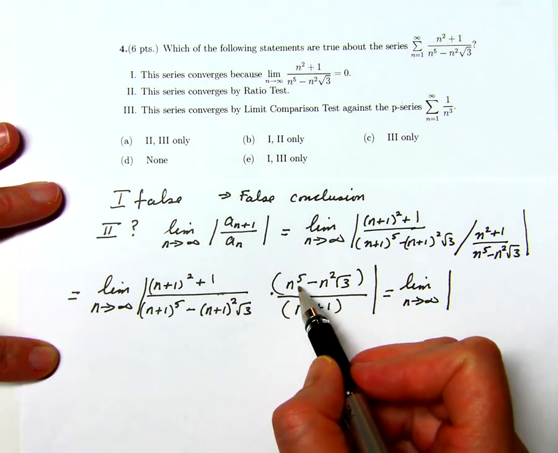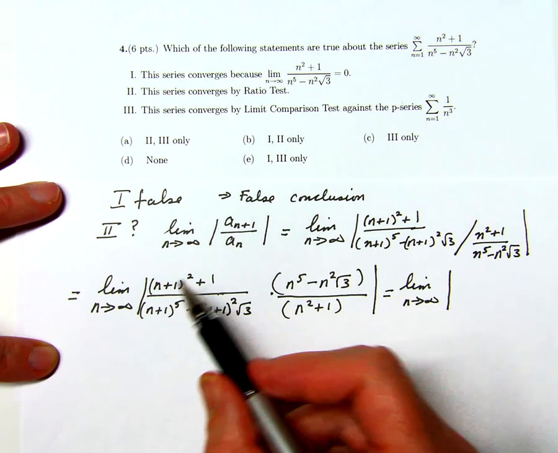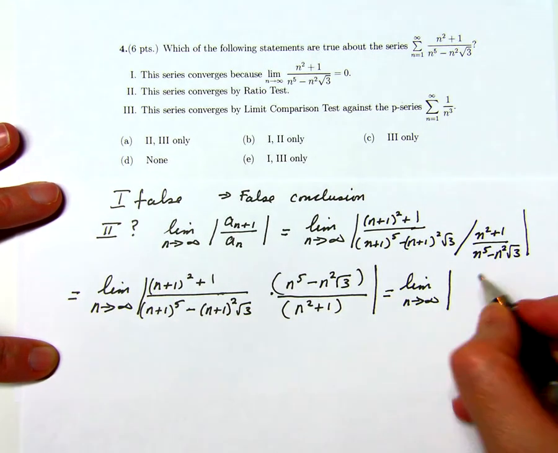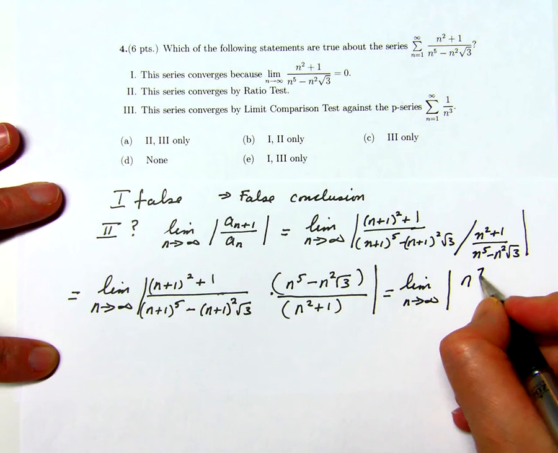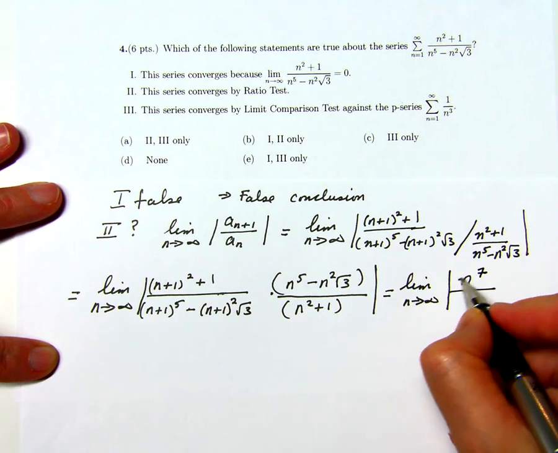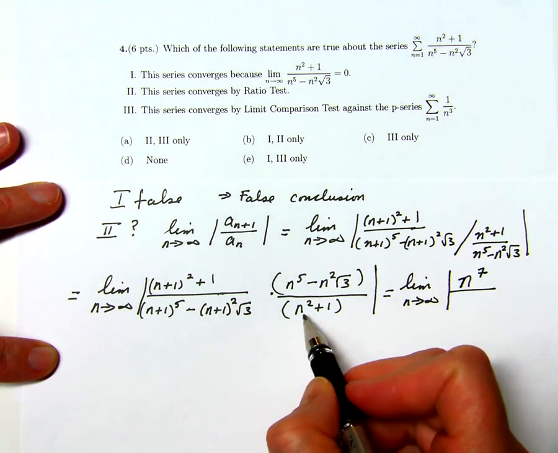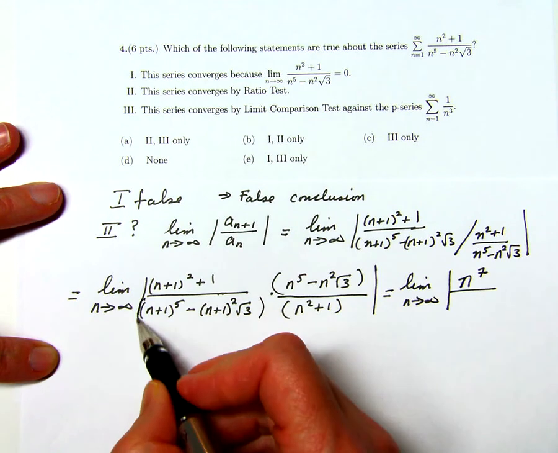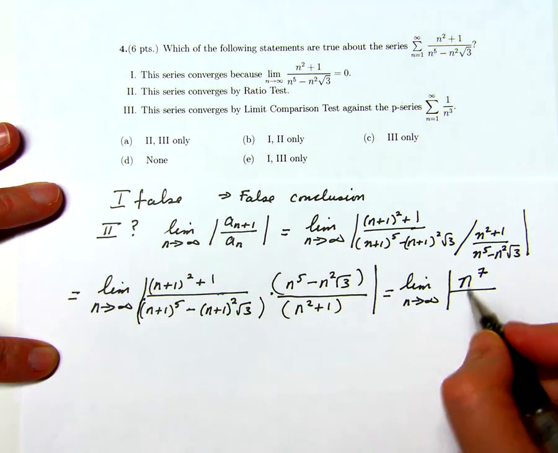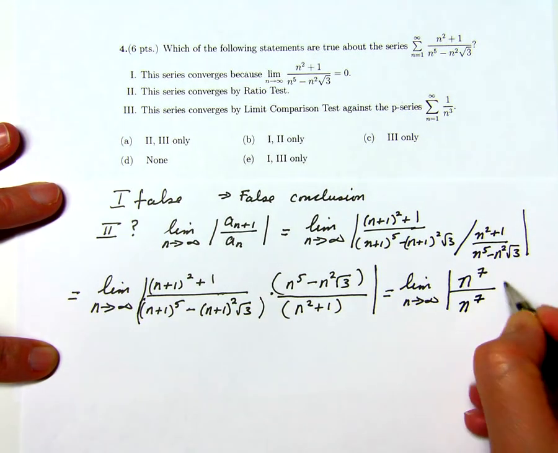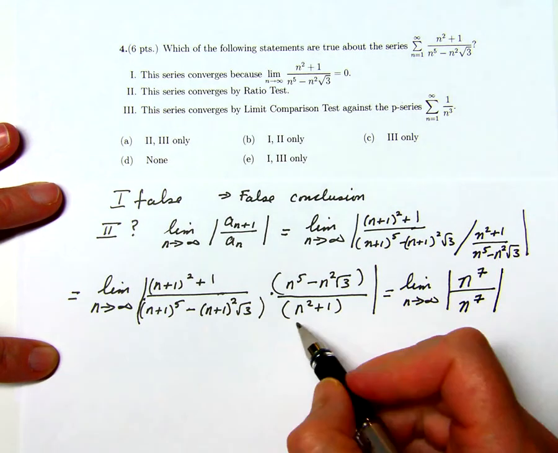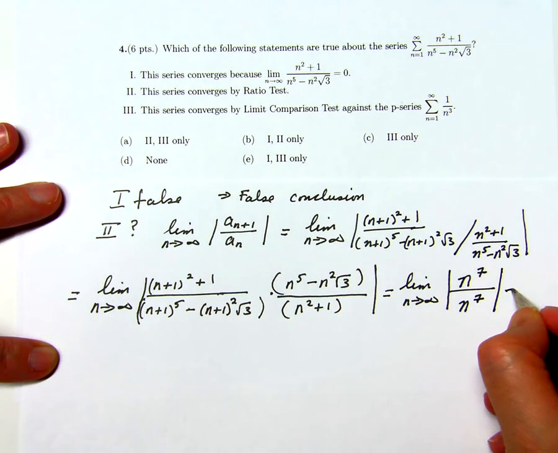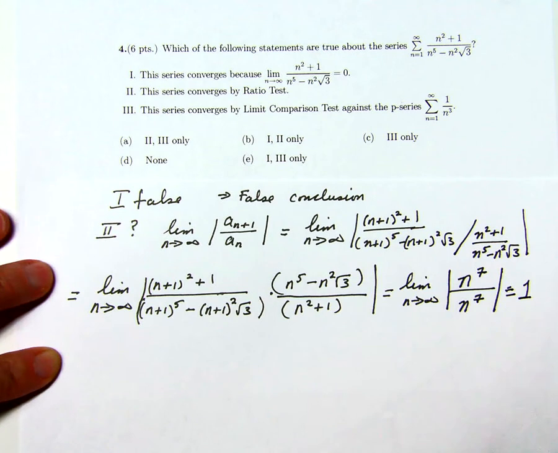So the leading term in the numerator, I have the highest term here is n to the 5, and the highest one here is n squared, so that's going to be n to the 7. And again, in the denominator, the highest term here is n squared, the highest term here is n to the 5, and that's going to be n to the 7. They have no coefficients. The coefficients are 1, and so that limit is 1.